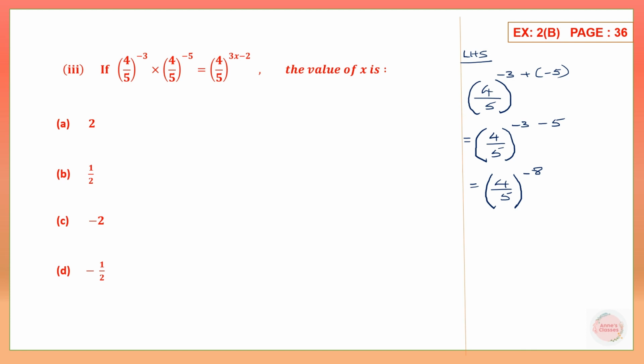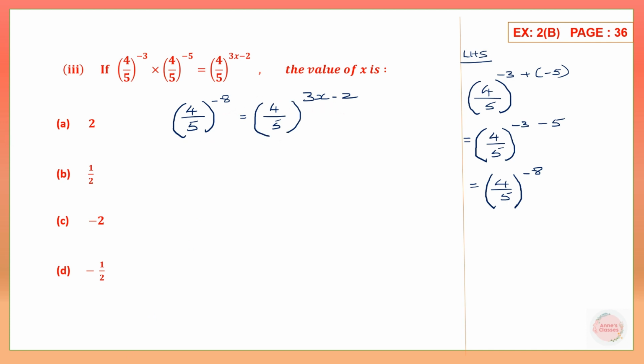This is what we have on the left hand side: (4/5)^-8, and this is equal to (4/5)^(3x-2). Now when the base is the same, the powers are also the same.